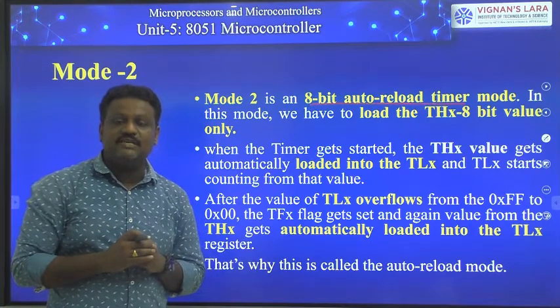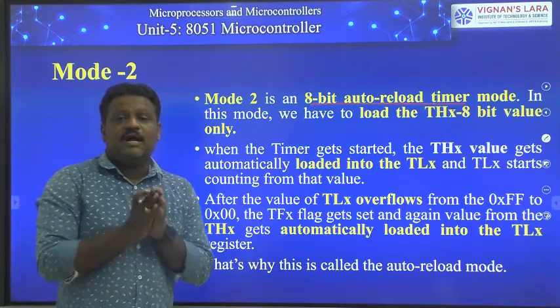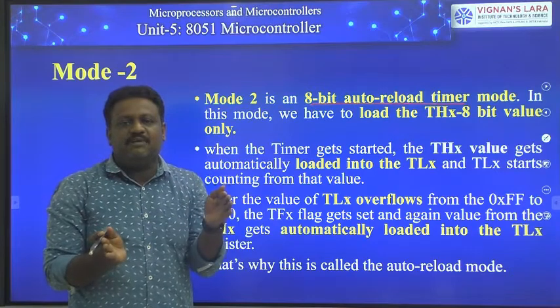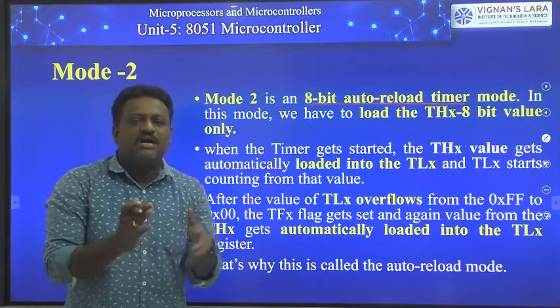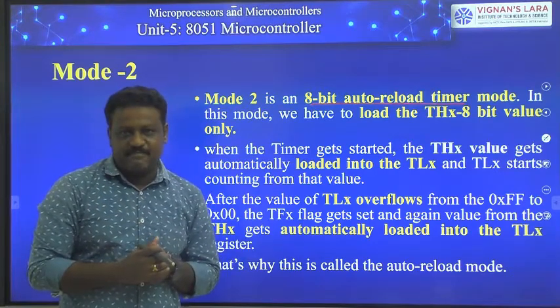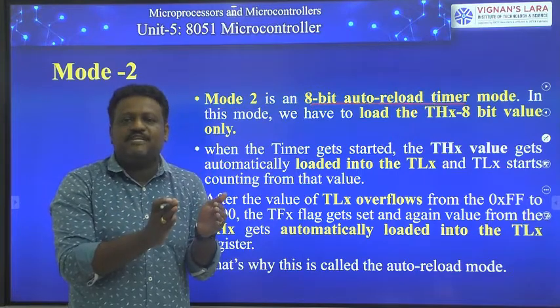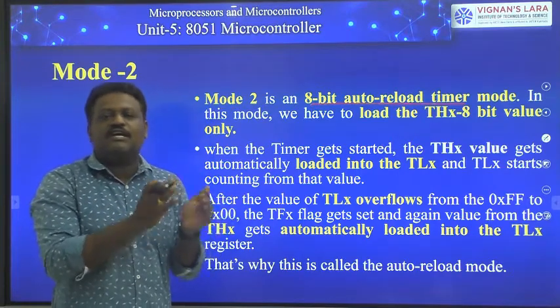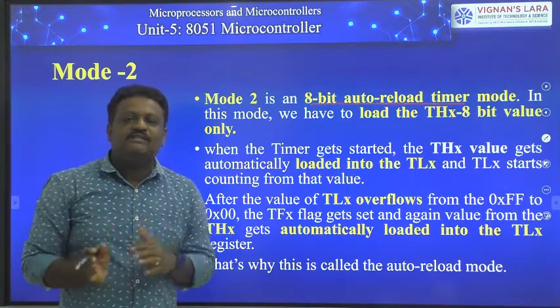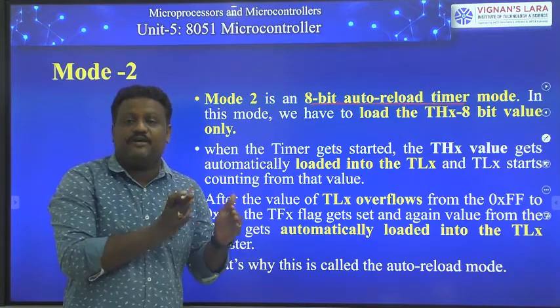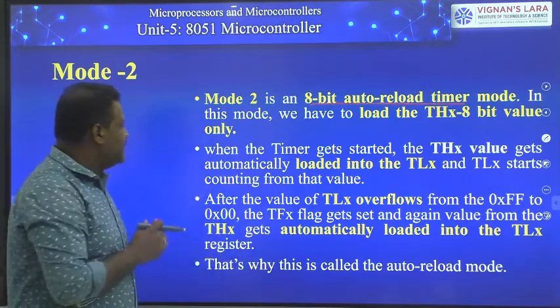Auto reload means, in this case, out of the 2 bytes of a timer, only one portion participates in counting of clock pulses and the other one supplies the initial value of the timer.